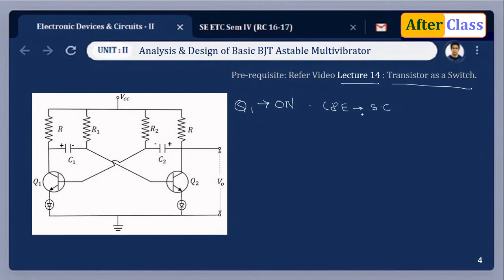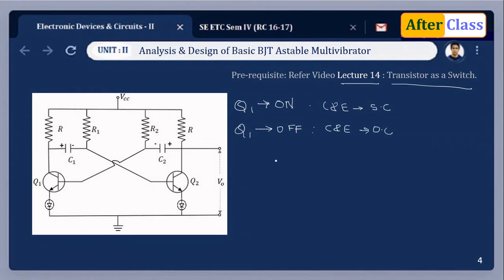But when it is in off condition, it acts as an open circuit. So the same transistor Q1, when it is in off condition, this collector emitter terminal acts as an open circuit.